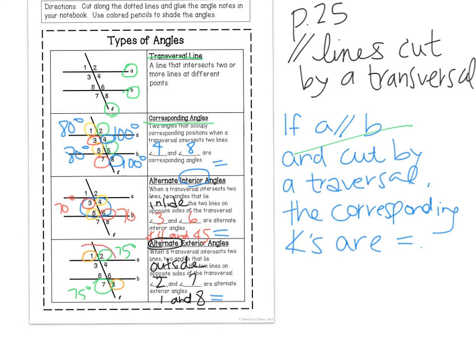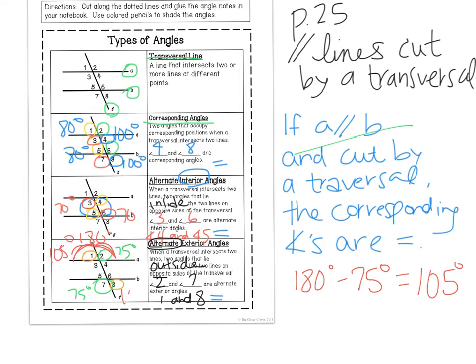Well, from our previous notes on page 24, we know that angle 1 and angle 2 are supplementary angles. They form 180 degrees. So to find angle 1, all I have to do is 180 degrees minus 75 degrees. Subtract it, 105 degrees, right? So angle 1 is 105 degrees.